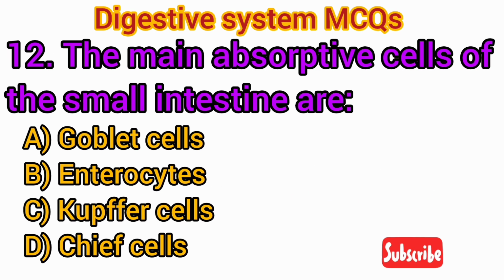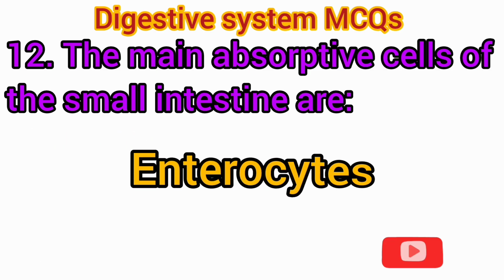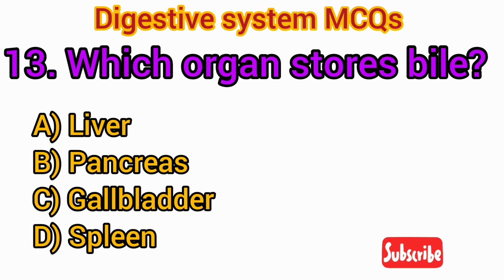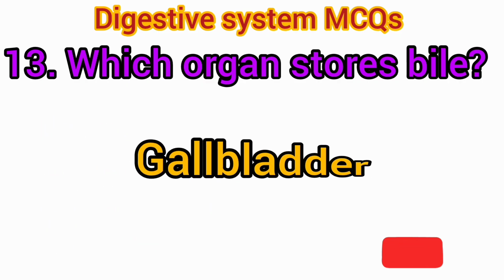The main absorptive cells of the small intestine are... enterocytes. Which organ stores bile? Gallbladder.